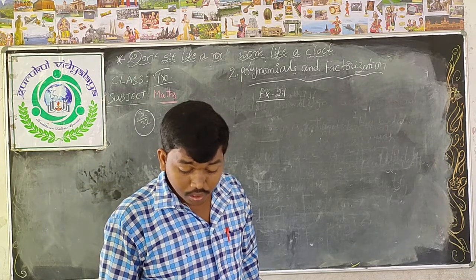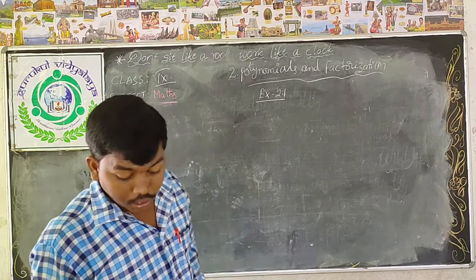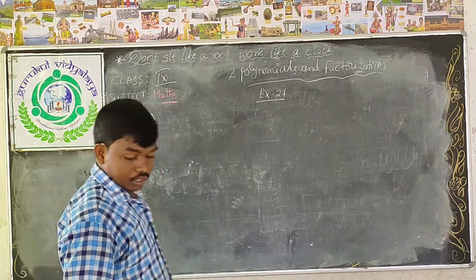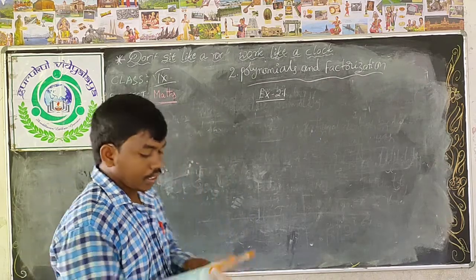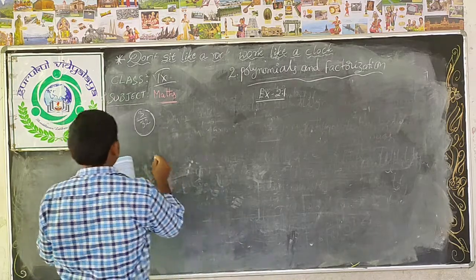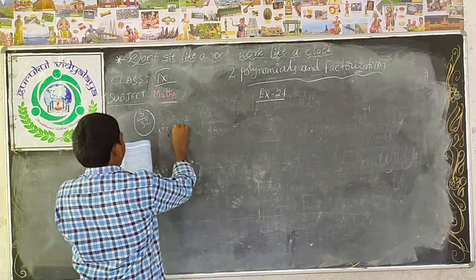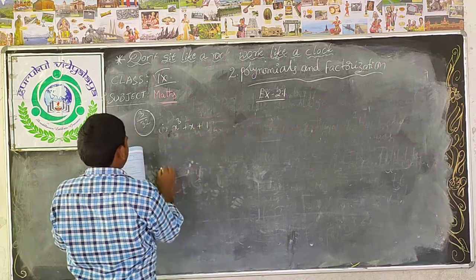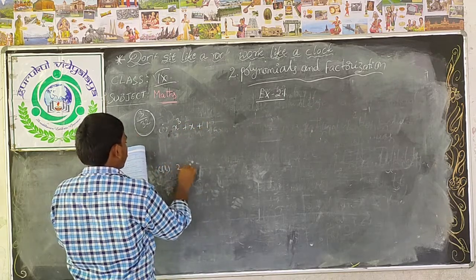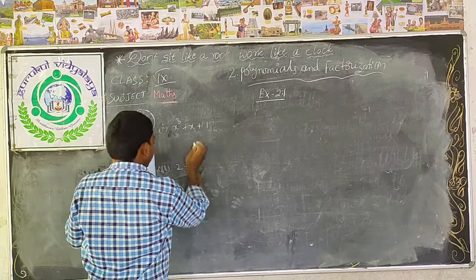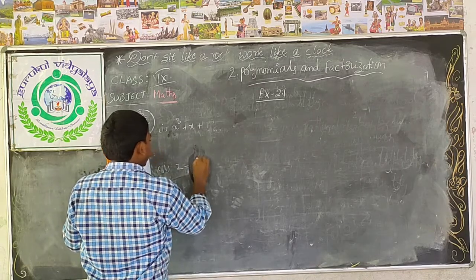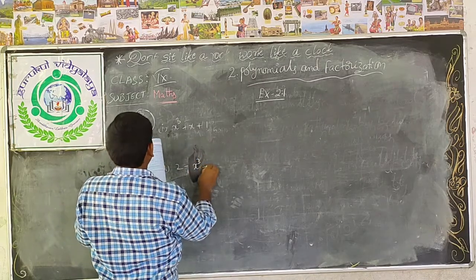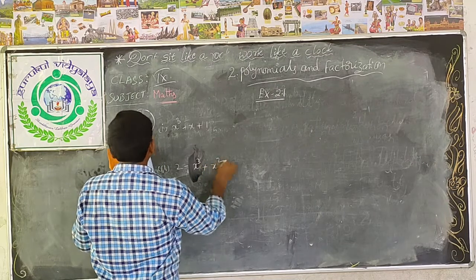What is the coefficient? Coefficient of x cube in each of the following. The first one, x cube plus x plus 1. Second one, 2 minus x cube plus x square.